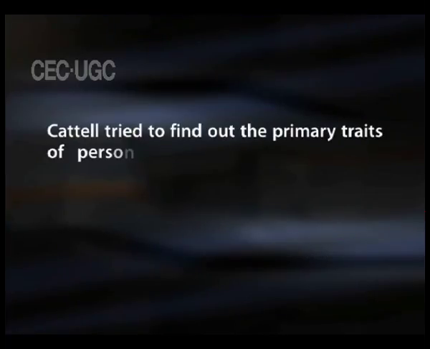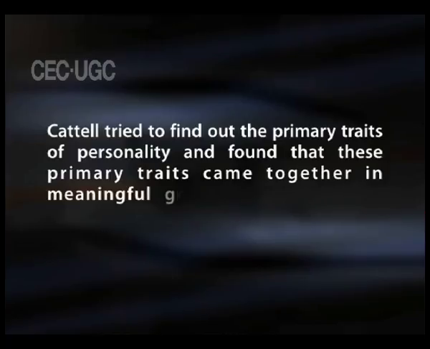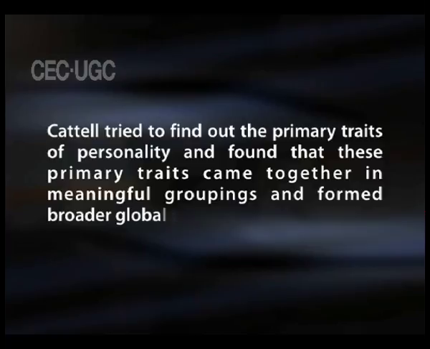Cattell considered personality traits to have a multi-level hierarchical structure. In his research, Cattell tried to find out the primary traits of personality and found that these primary traits came together in meaningful groupings and formed broader global traits. These global traits were termed by him as secondary traits. For example, the first global trait he found was introversion-extroversion.